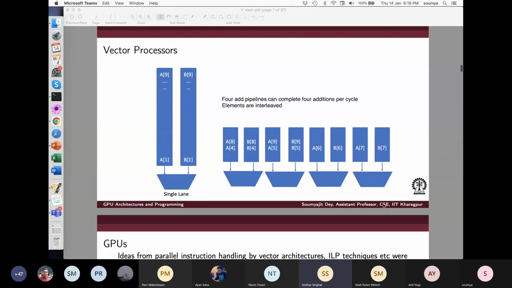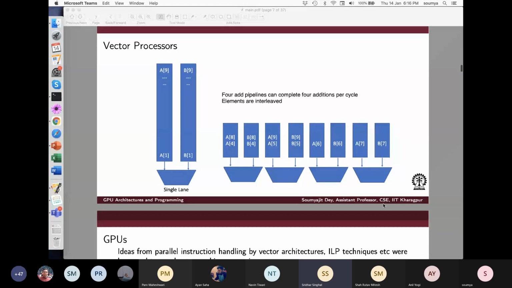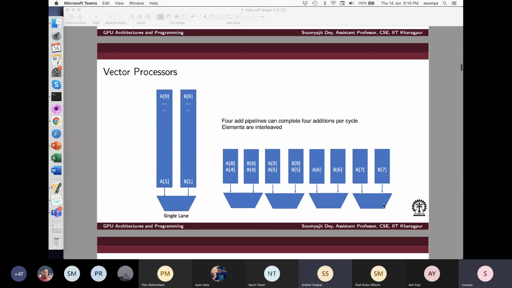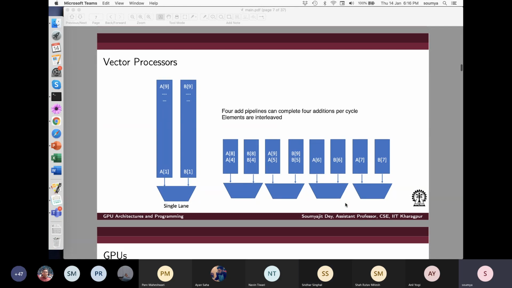Other than that, if we have a single lane vector processor, then it would almost be the same as a scalar processor. Right, absolutely. Having a vector processor means you must have more parallel units. Otherwise, you cannot process the vectors in parallel. Yes, sir. The execution will become serialized.